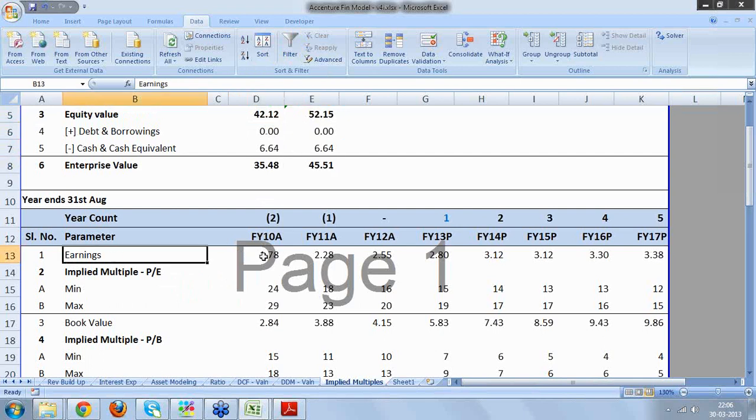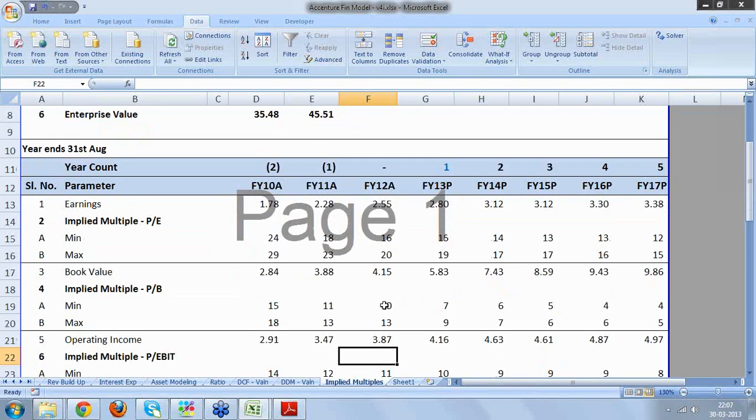So if we are doing it by earnings, I have pulled earnings from P&L. Divide the lower limit of the valuation by earnings, so you end up getting the minimum multiple, divided by upper limit, you will end up getting the maximum multiple. So this is the kind of multiple we are talking about.